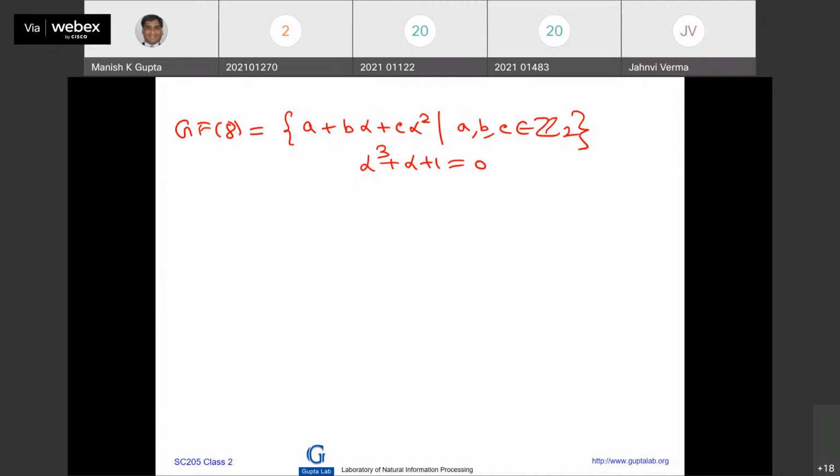And we can have all those bit representations 0, 0, 0, 0, 0, 1, and all those 8 possibilities.